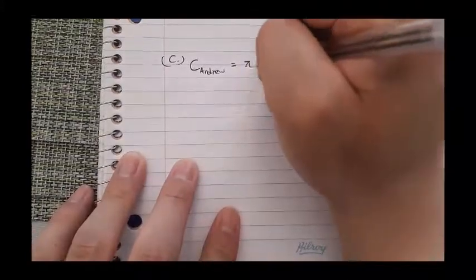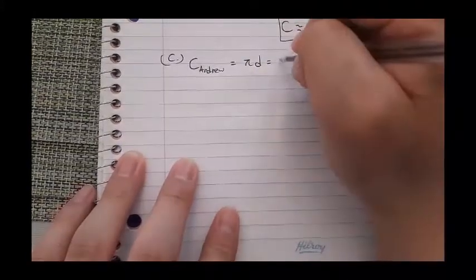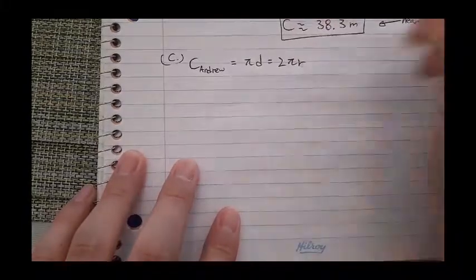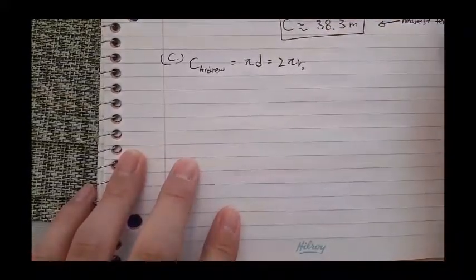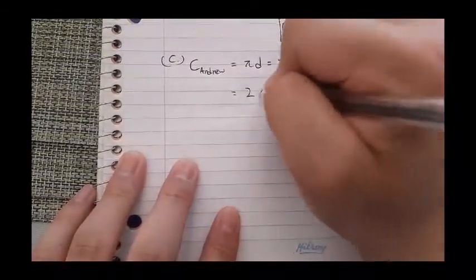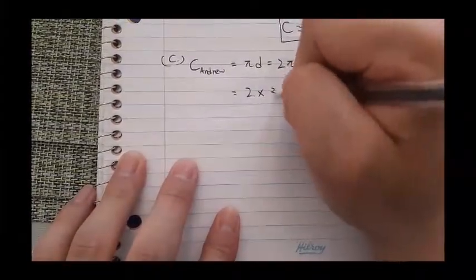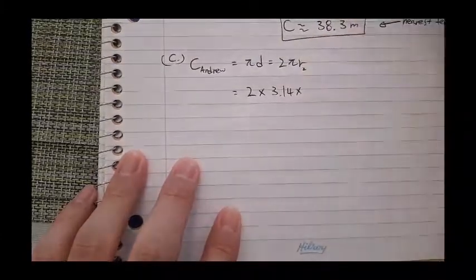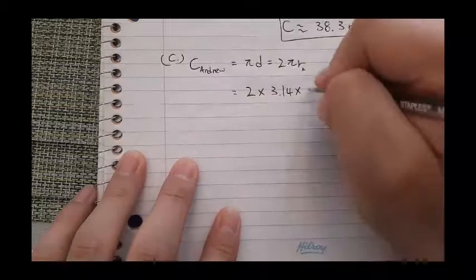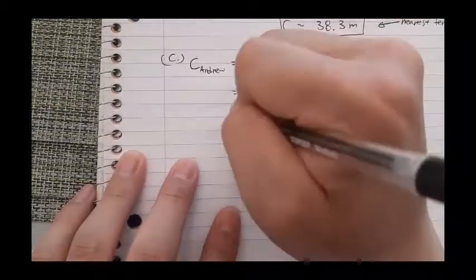It's pi d, which is, in our case, since we know the radius, 2 pi r, except this r is a different radius. So 2 first, times pi, 3.14, times r, which is 3.2 meter.